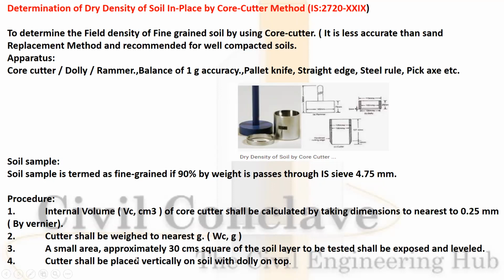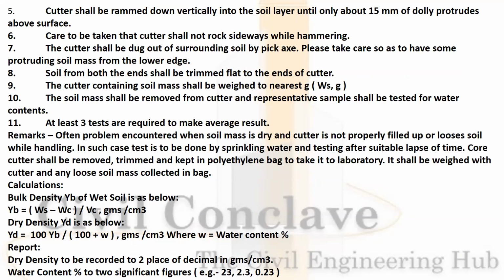Approximately 30 centimeter square of the soil layer to be tested shall be exposed and leveled. The cutter shall be placed vertically on the soil with a dolly on the top and rammed from the top. Care to be taken that the core cutter should not move around sideways.